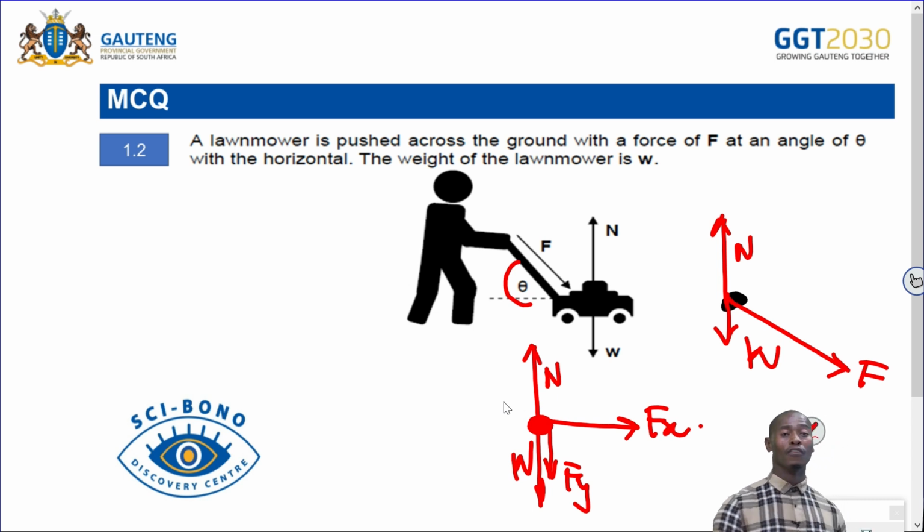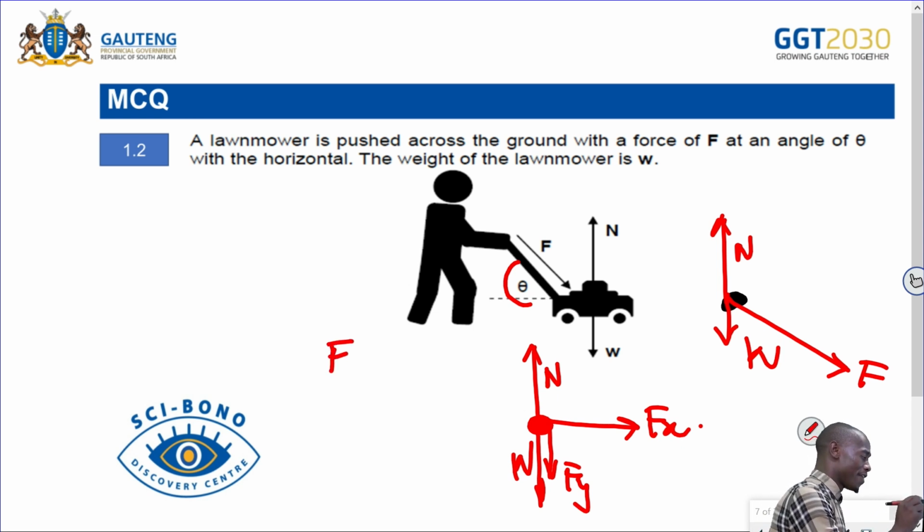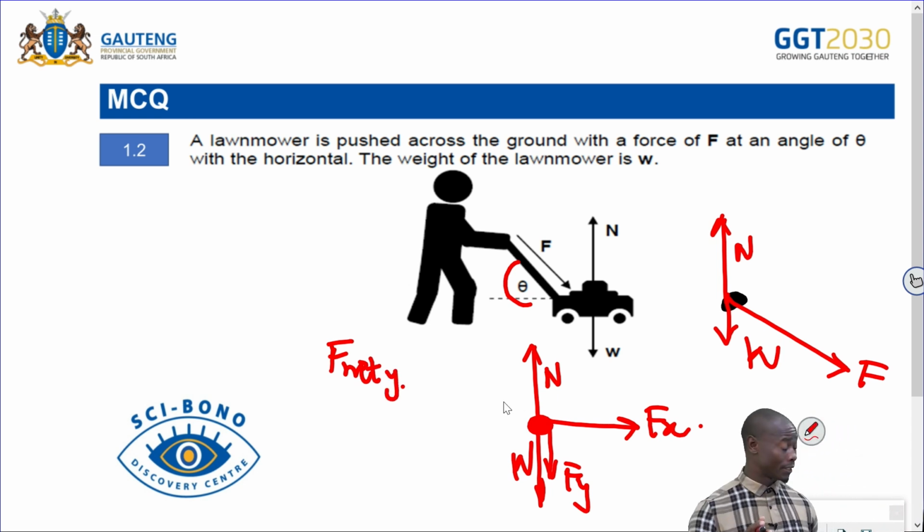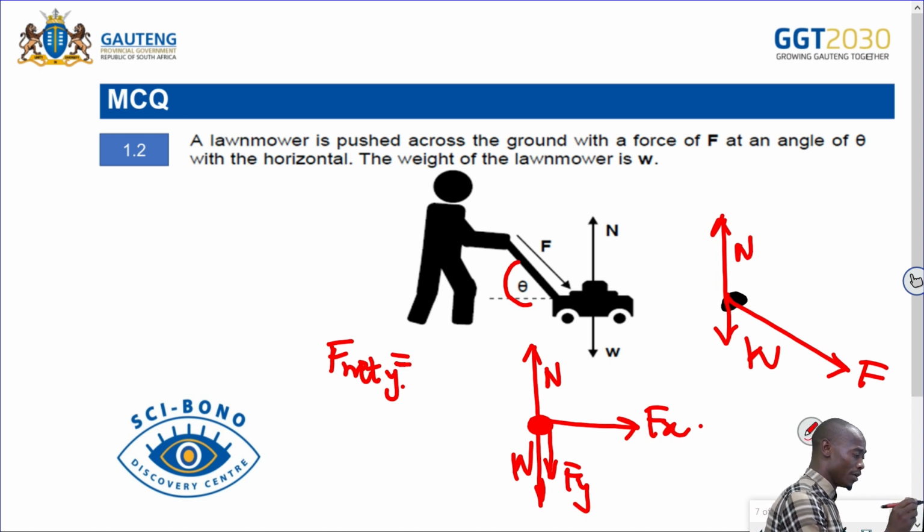So this object moves horizontally. The forces that are acting vertically, or the forces that are perpendicular to the plane, their net force will be 0 newtons, right? So here I will say F net for the vertical forces will be normal force minus weight minus Fy.